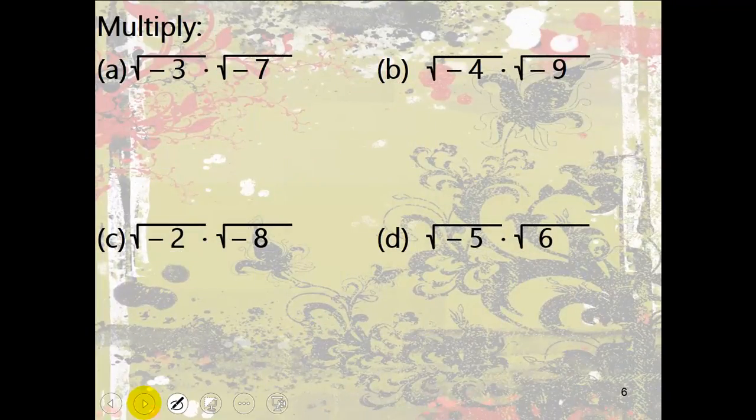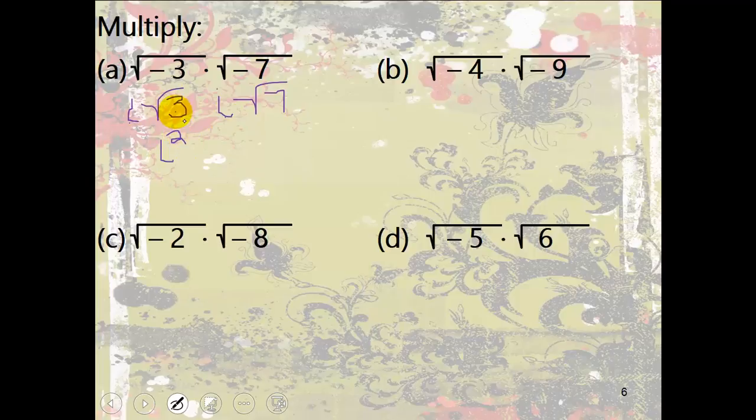So the first thing that I do is I take my i's out first. So I have i times the square root of 3. And then I have times i times the square root of 7. i times i is i squared.